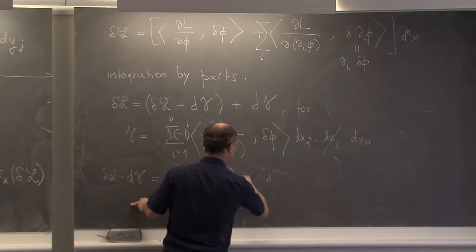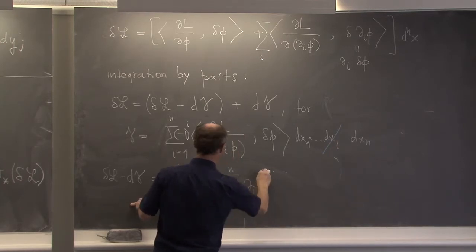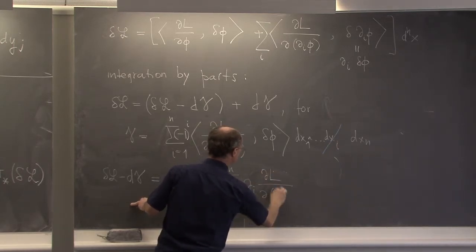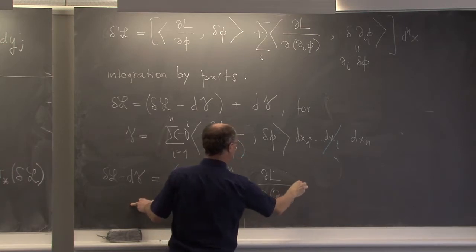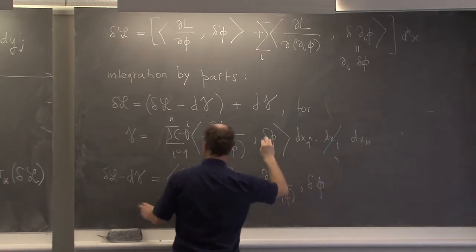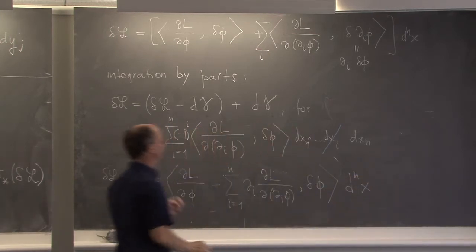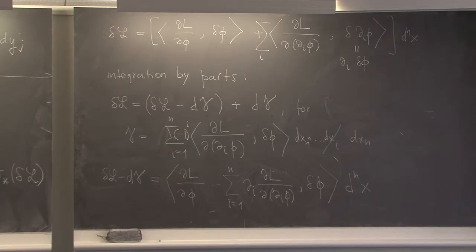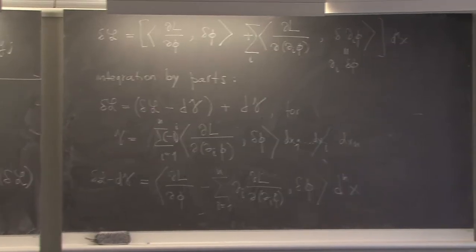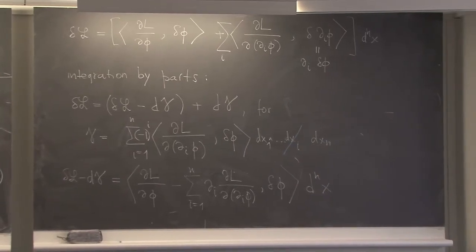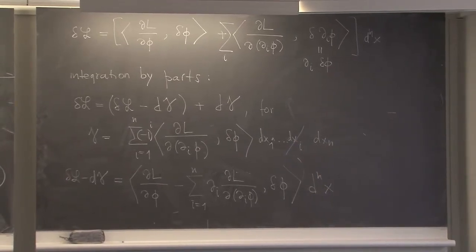Sorry, it's d over d phi, dL over d phi. So what do you think about signs? Could it be correct? My reasoning is as follows.